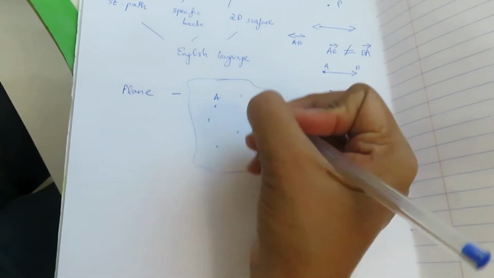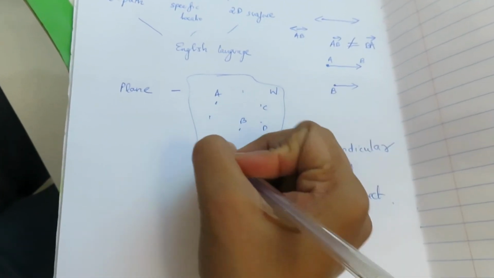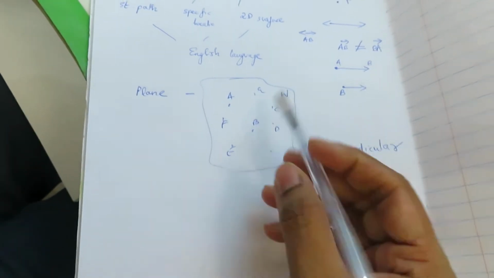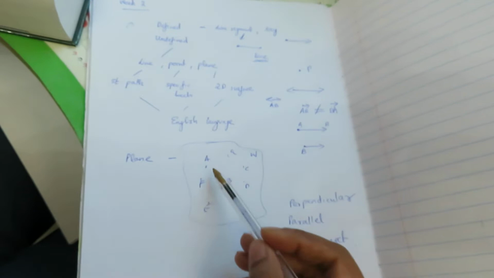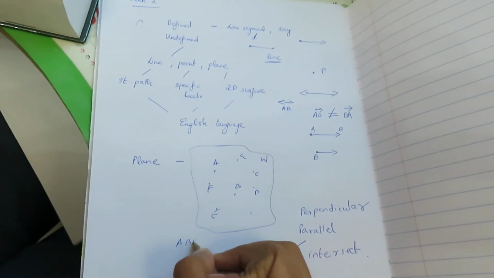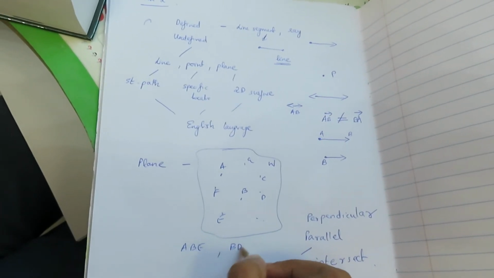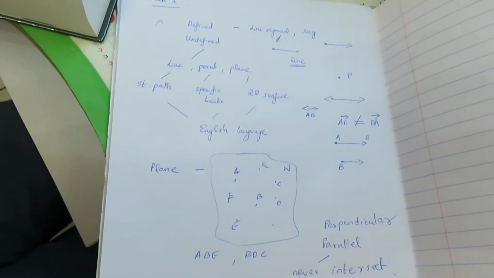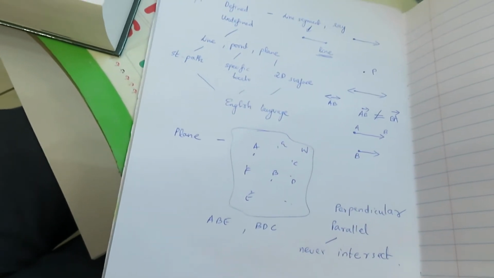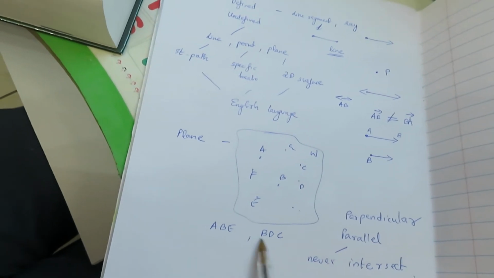Suppose you name them A, B, C, D, E, F, G or whatever. To name this plane, you use any three letters. You can name it A, B, E or B, D, C. Use any 3 points to name the plane. So when you name a plane, you need at least 3 points.